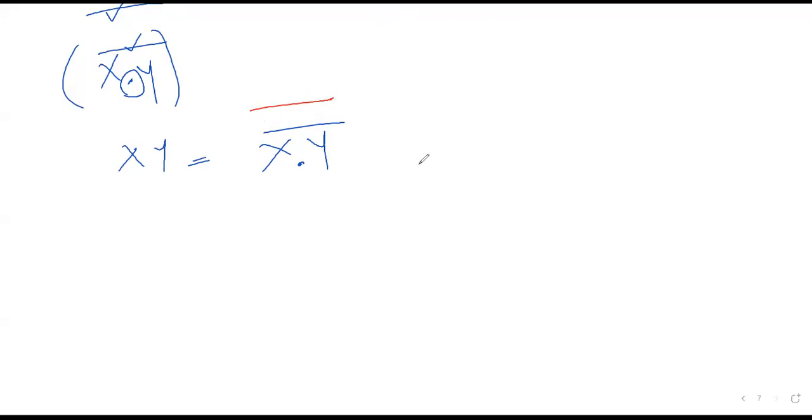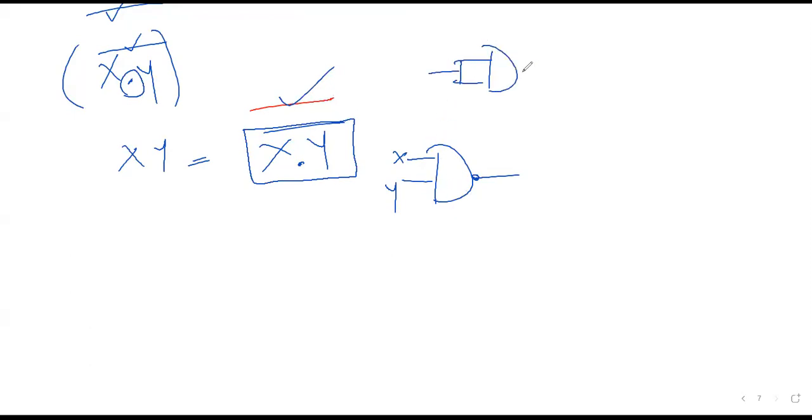If I deal with the blue part, I have two inputs, X, Y, NAND, and we get an output. After that blue part, we have another NOT gate, representing a NOT gate. A NOT gate looks like this.